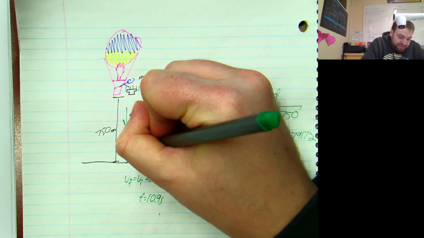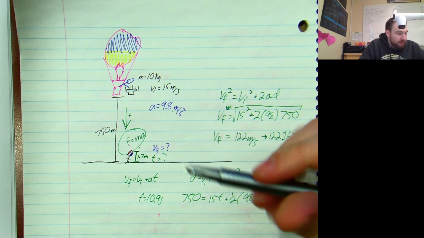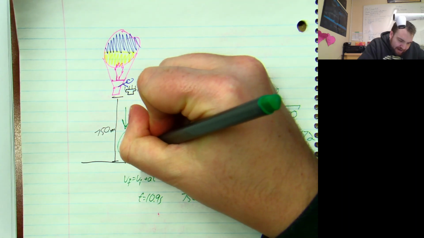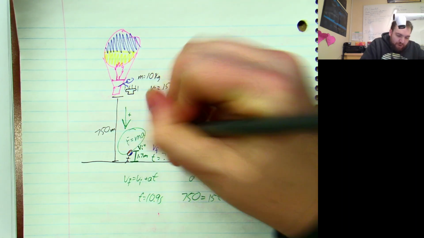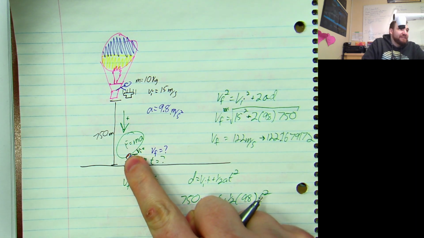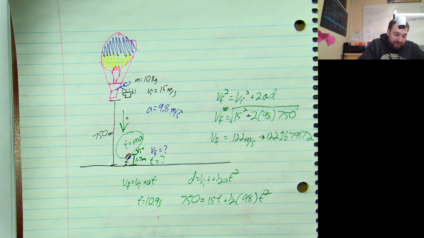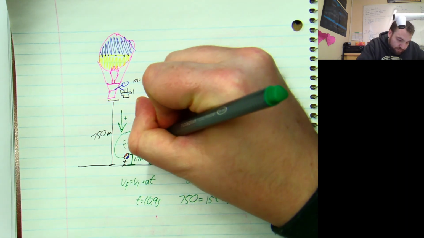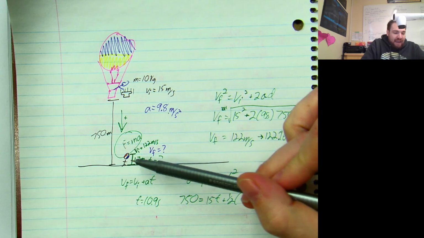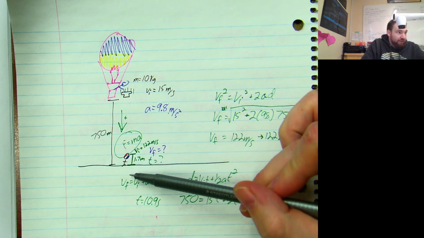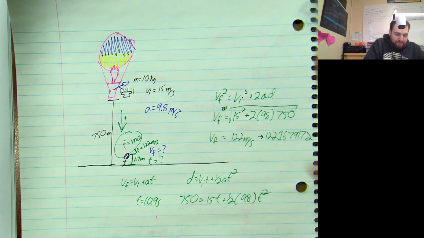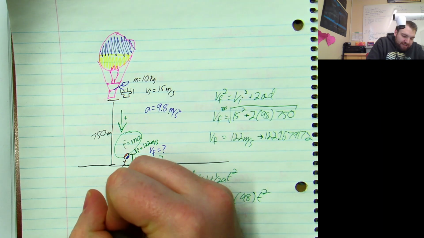So this is the second part of the problem, part C. My initial velocity at this point, as it makes contact with his skull, is what? That's the 122 we calculated here. Now, it's going to drive him into the ground, coming to a stop. So we're going to get a distance.